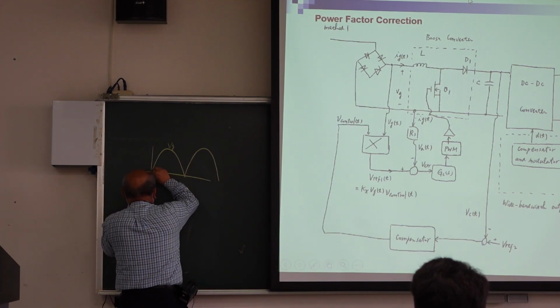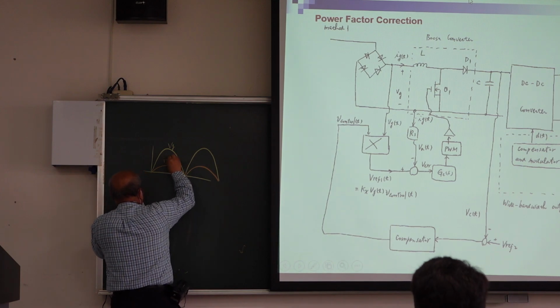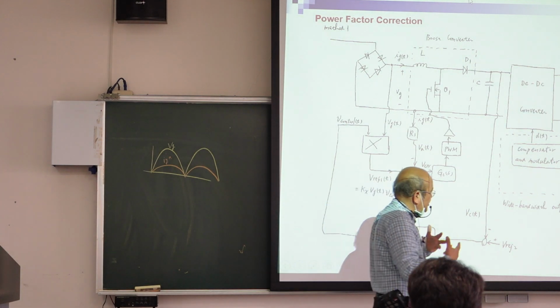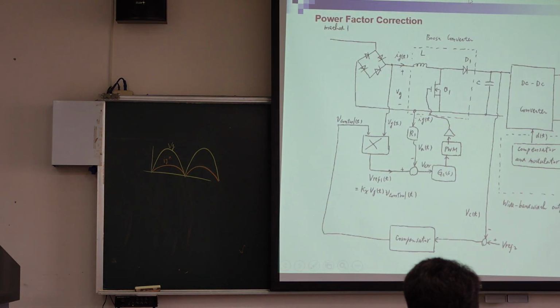IG should have the same shape as VG. So this is IG star. So we use V control and we use VGT to generate IG star. So we call this voltage loop control. So voltage loop control uses feedback voltage to generate IG star.